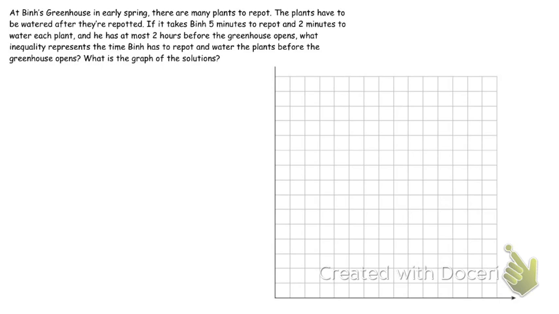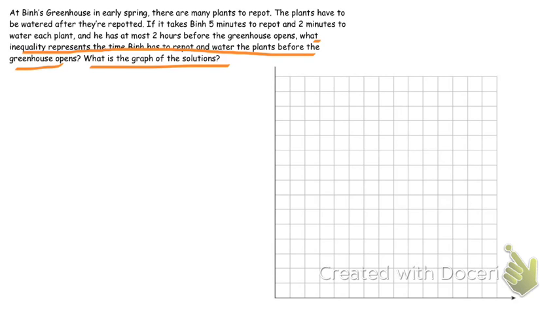So first, we've got to write an inequality. Then we've got to graph it. Notice those two statements. It says, what inequality represents his situation? And then, what is the graph of the solutions?